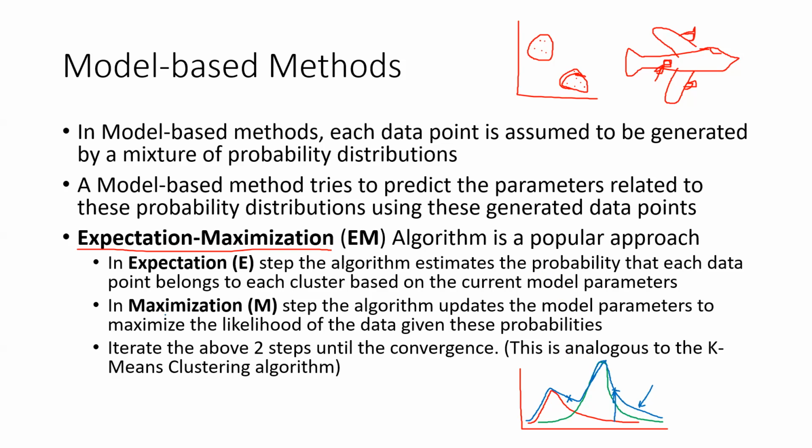And in the maximization phase, we set the parameters for these distributions based on the probabilities that we have already set in the expectation phase. So that is actually a continuous version of the k-means algorithm.